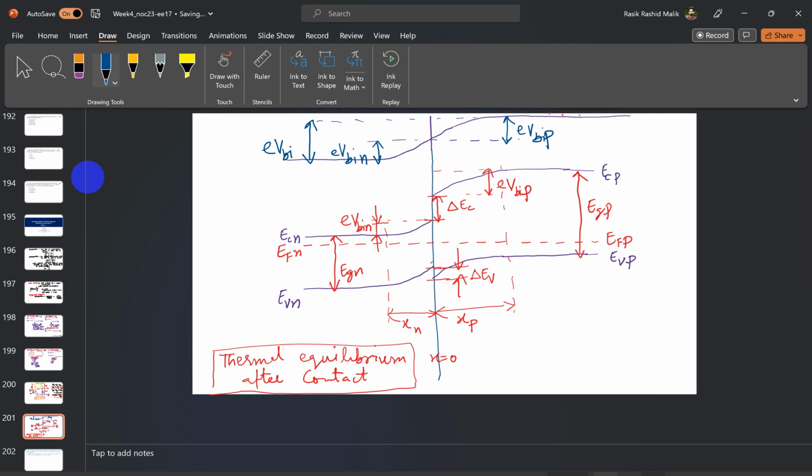Okay, so this is the ideal band diagram now, and similarly we can draw the band diagram for the other cases as well.